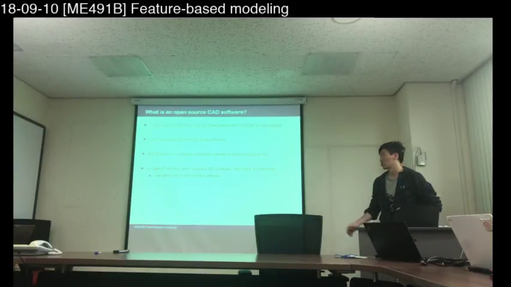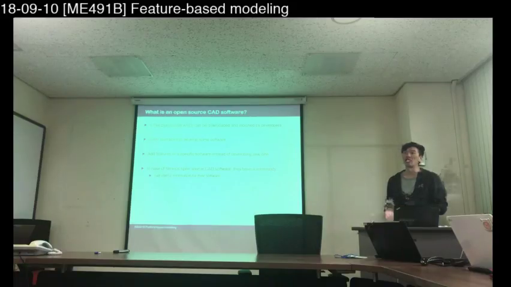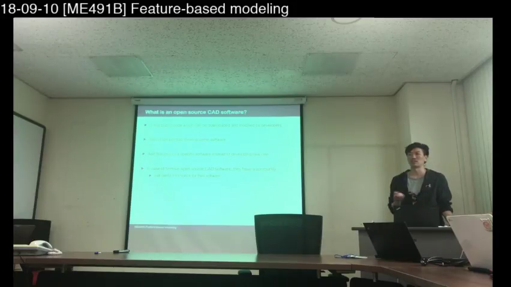For the same reason, you can easily add features to existing software instead of developing new things. And the large open source CAD software has its own community, so you can easily ask community people and get some answers.